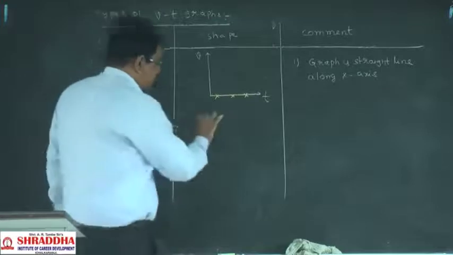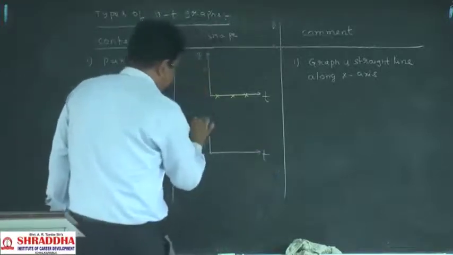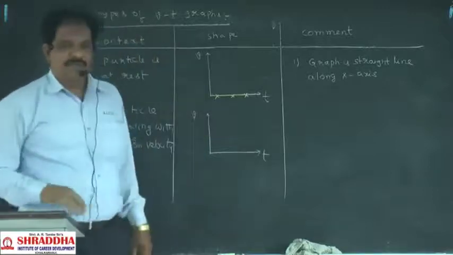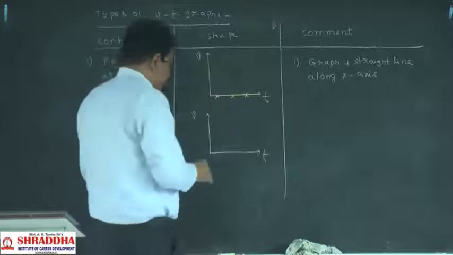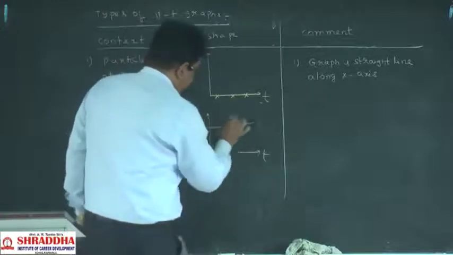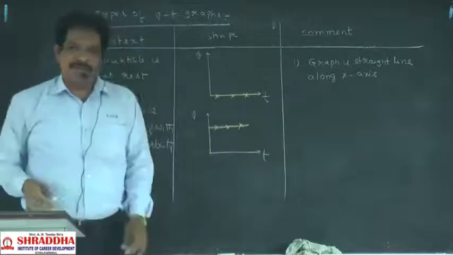How the shape of the graph will be there means it will be like this. Clear?